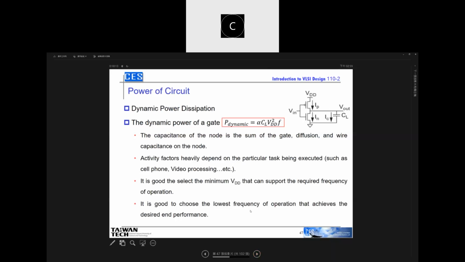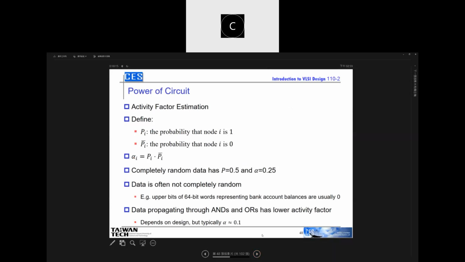Okay, so that's the basic idea of dynamic power. Let's take a look at this activity factor. Again, this is a probability, so we don't exactly know the value. We can only estimate.